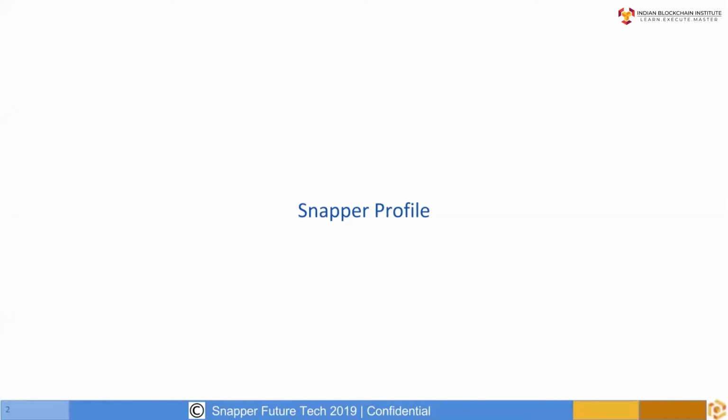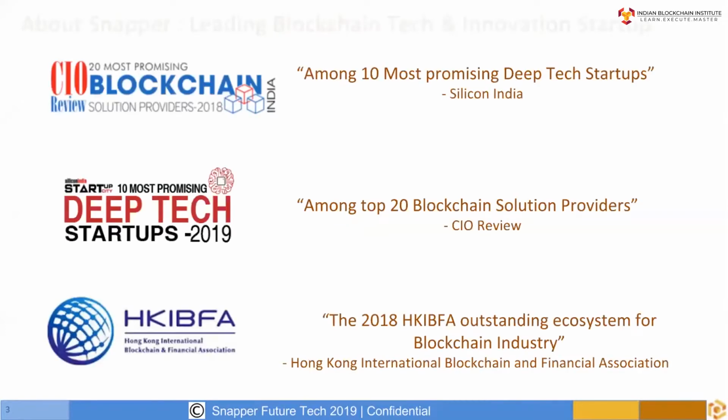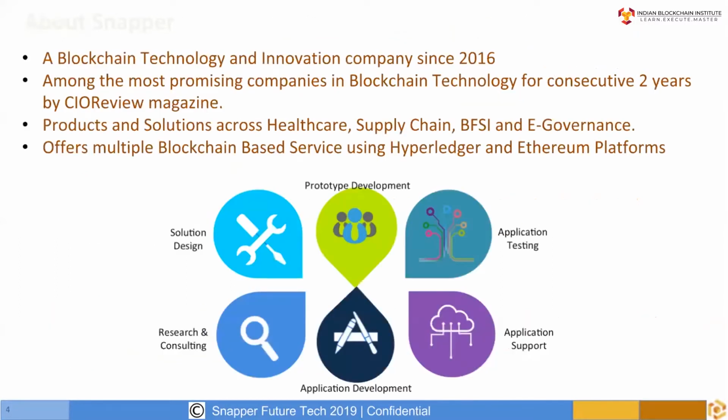I work for Snapper Future Tech, which has been featured in many magazines. We have been awarded by CIO Review as one of the most promising startups in blockchain, by Deep Tech, and by the Hong Kong International Blockchain and Financial Association also. We are a blockchain technology and innovation company since 2016, so it's been around 4 years in blockchain technology.